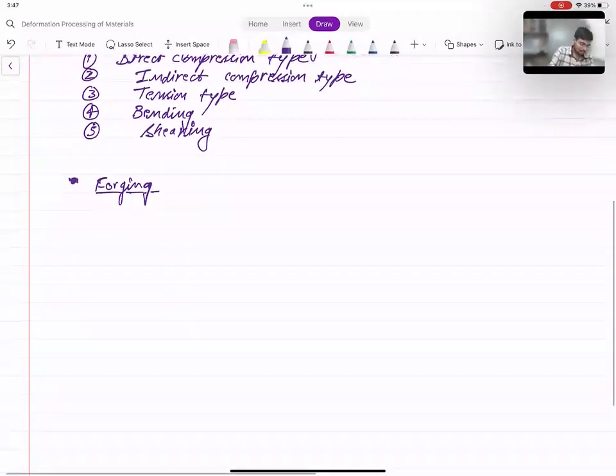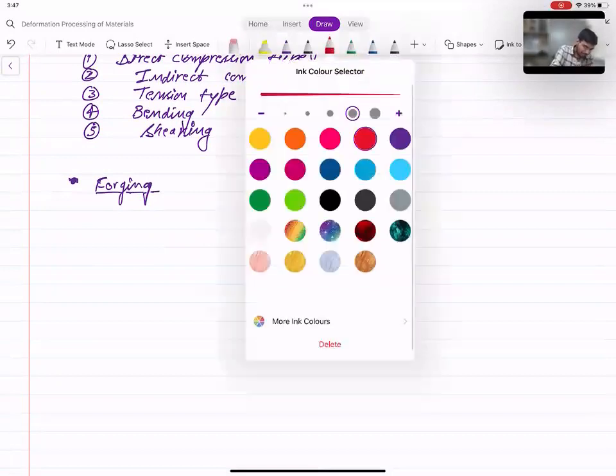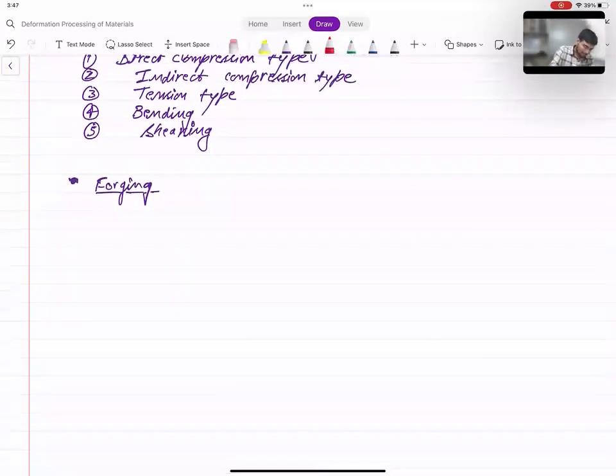So schematically, forging is, let me change the color. This is done like, suppose this is my workpiece. So this is kept on some support, and then a die applies.